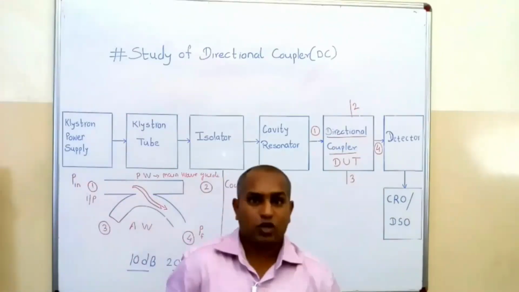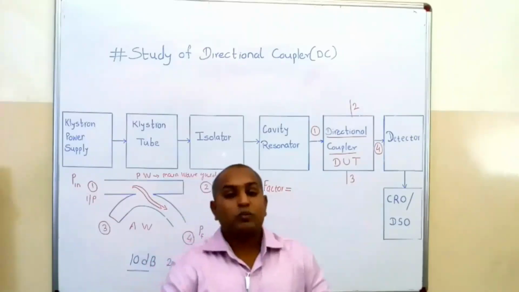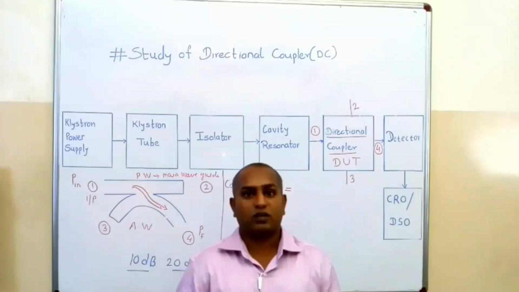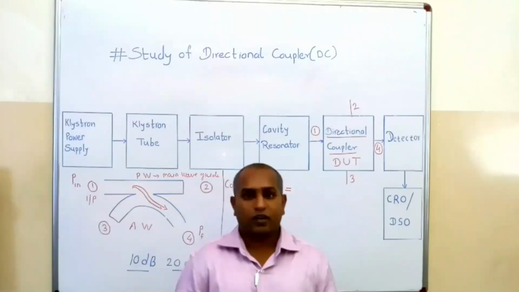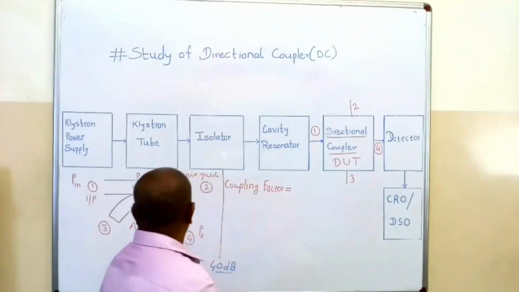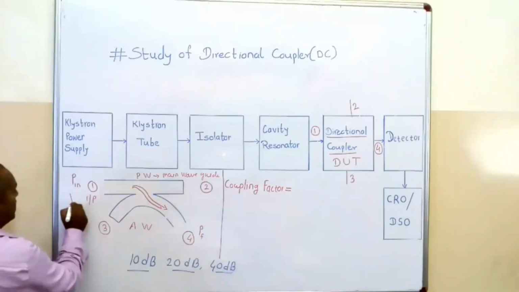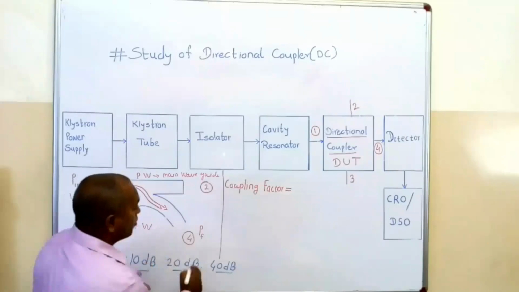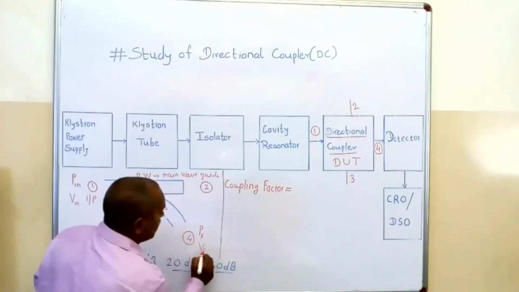But in our actual practical, we are not going to measure the power. We are measuring a voltage with respect to the electric field. That's why we will use my input voltage, that is Vin, and the coupled voltage, that is Vf.